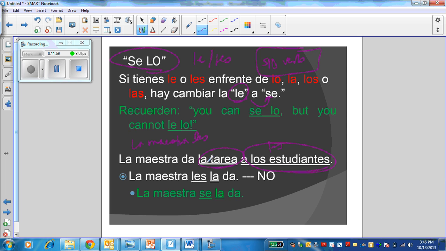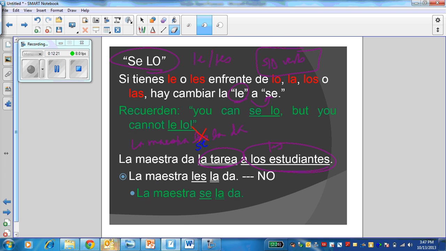La tarea is the indirect object or the direct object? You're going to want to say la. Pero no podemos tener les enfrente de la. So ustedes necesitan reemplazar les con se.